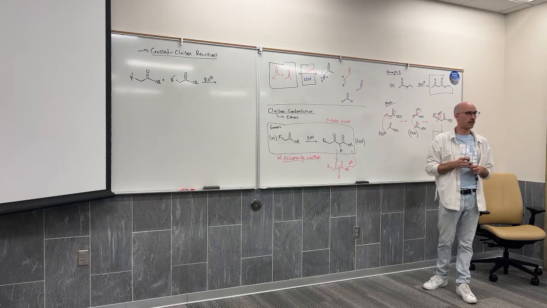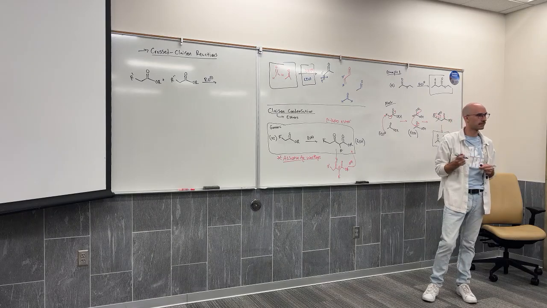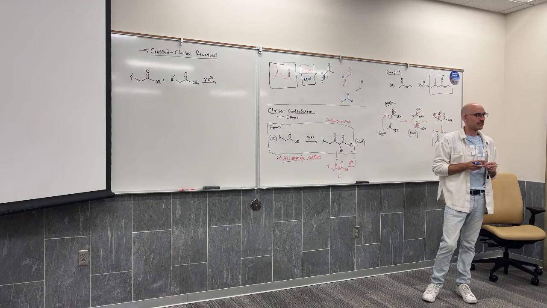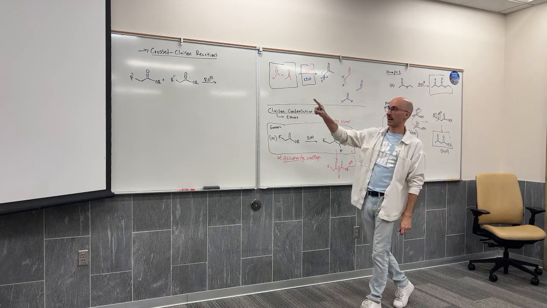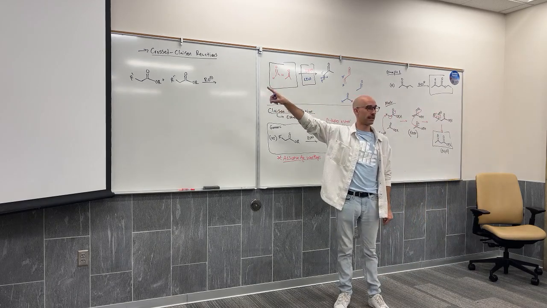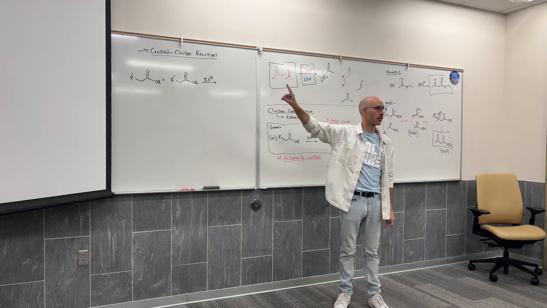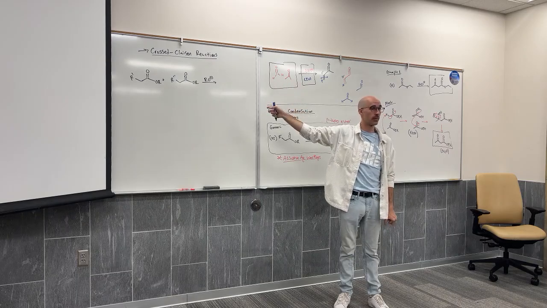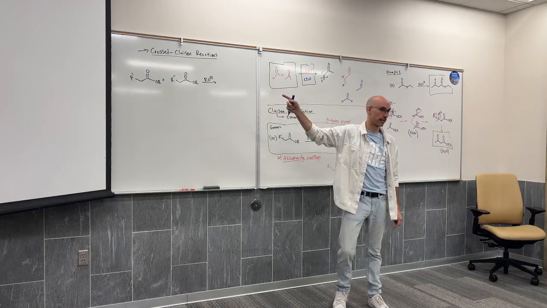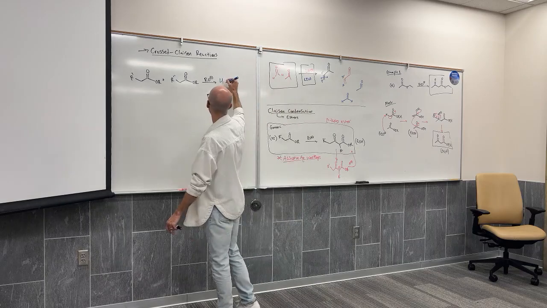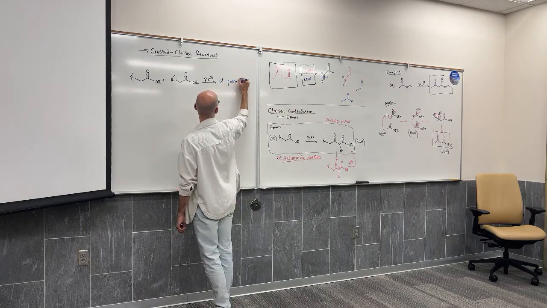How many different products can I make here? Yeah, the ester with R prime could attack the ester with R double prime. The ester with R prime could attack R prime. R double prime could attack R prime. R double prime could attack R double prime. Four possible products.